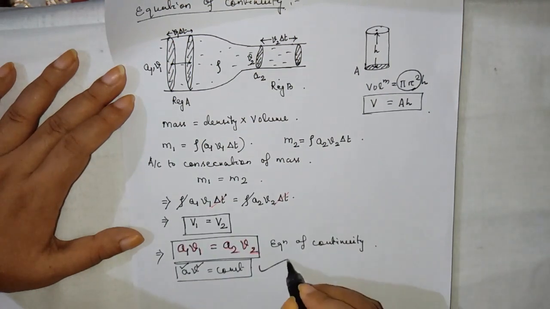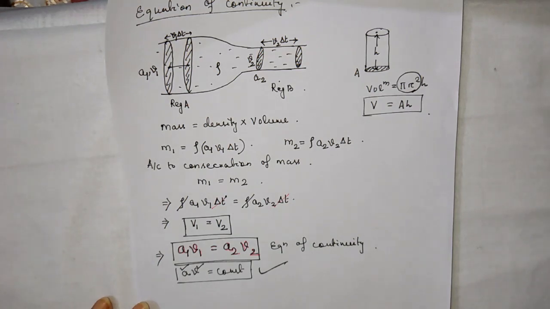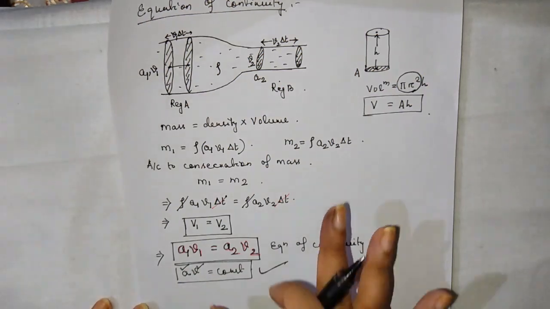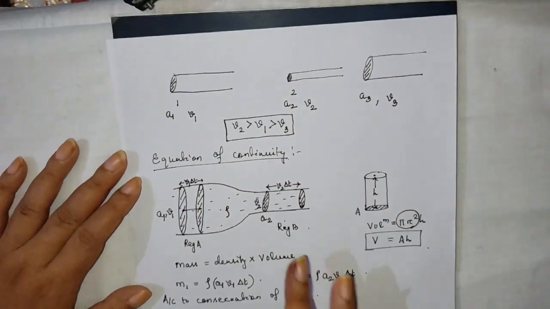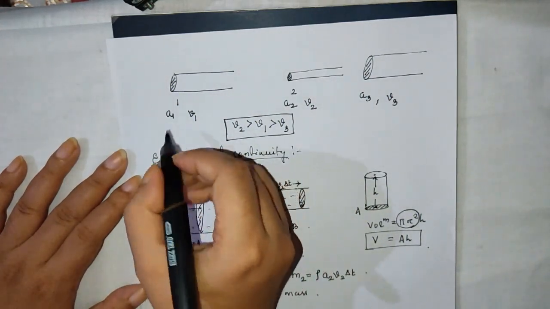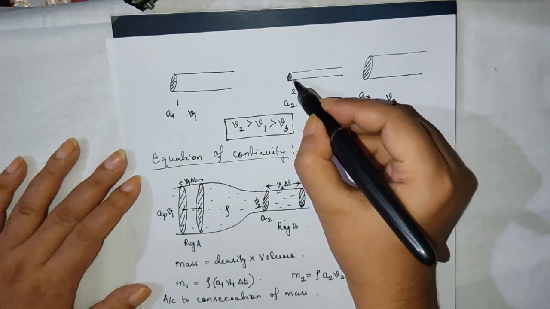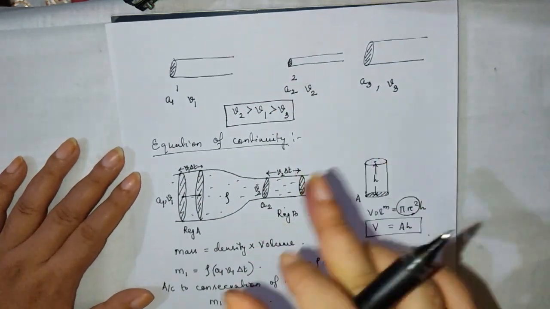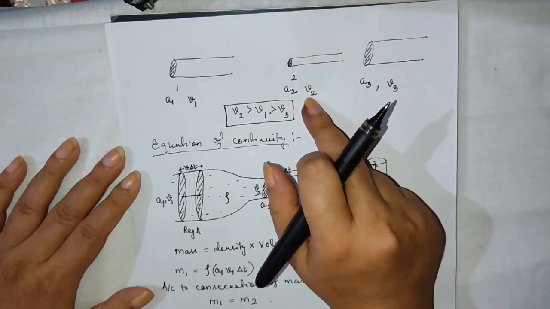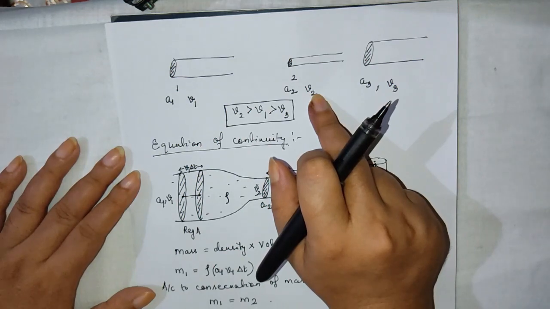This is a very important formula, which is valid when the liquid is non-viscous. It should be non-viscous, incompressible, and it should maintain a streamlined flow. Then only this formula will be valid. And you can analyze this formula here. You see what is happening? Whenever the cross-sectional area decreases, that means the narrow pipe that we have observed, the velocity increases such that the product of area and velocity remains constant.